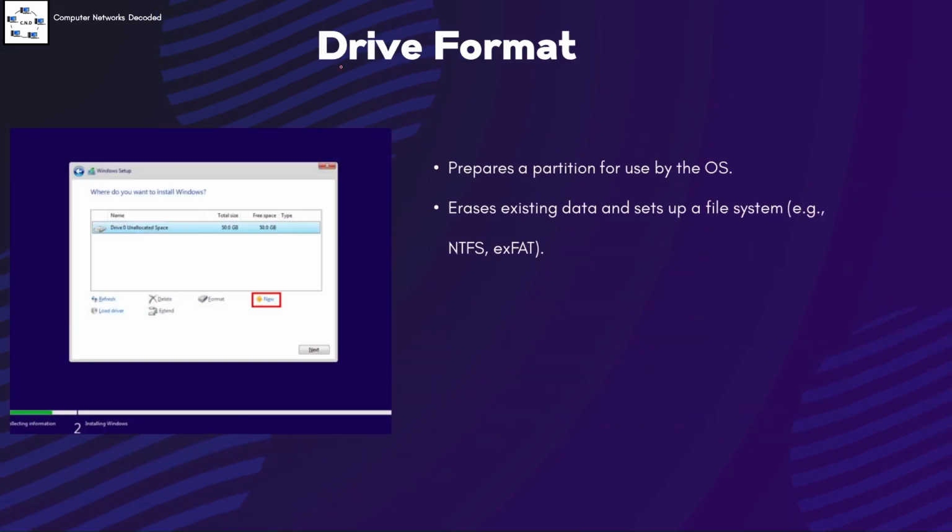So what is drive formatting? Formatting prepares a partition for use by the operating system, erasing existing data and setting up a new file system, for example NTFS or exFAT.